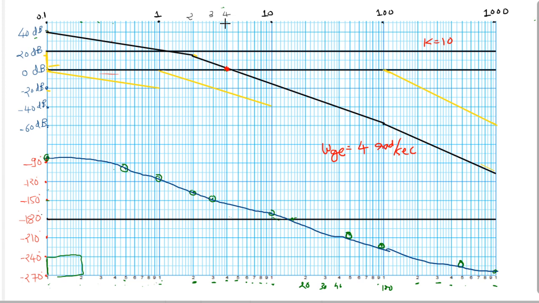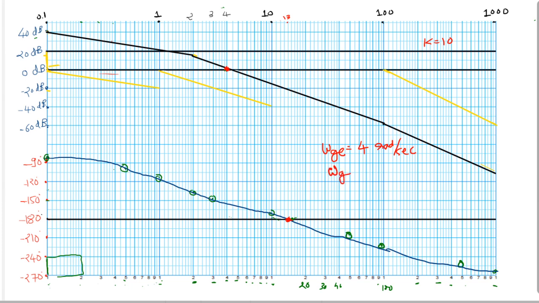Similarly, you can see here the phase angle crosses the minus 180 degree reference line at this point. If I trace this line, then you count 10, 11, 12 and that is 13.